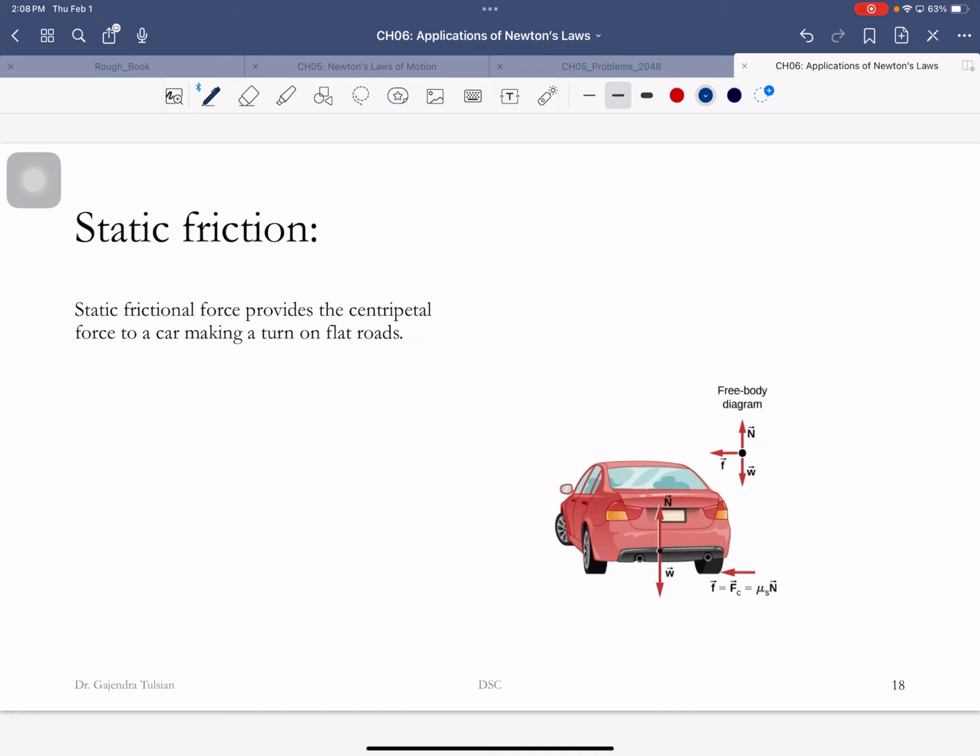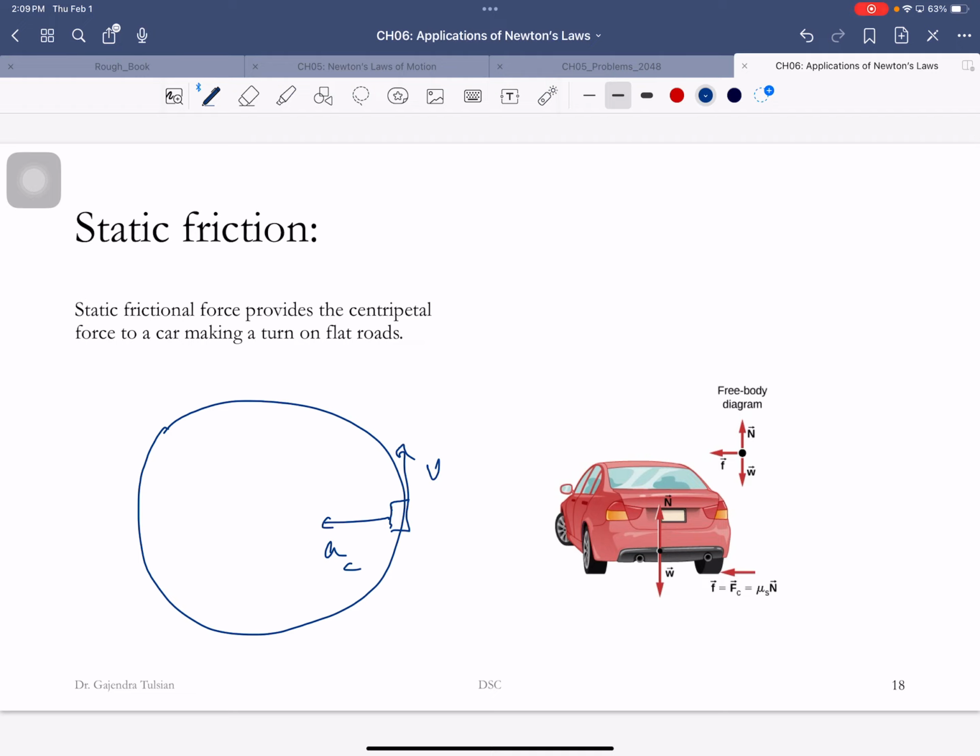So I'm going to give you a top view. Here's our car driving around in a circle, and to keep things simple, we'll say it's going at constant speed. Is it accelerating? Yeah. Why is it accelerating? The acceleration of the car is in this direction.